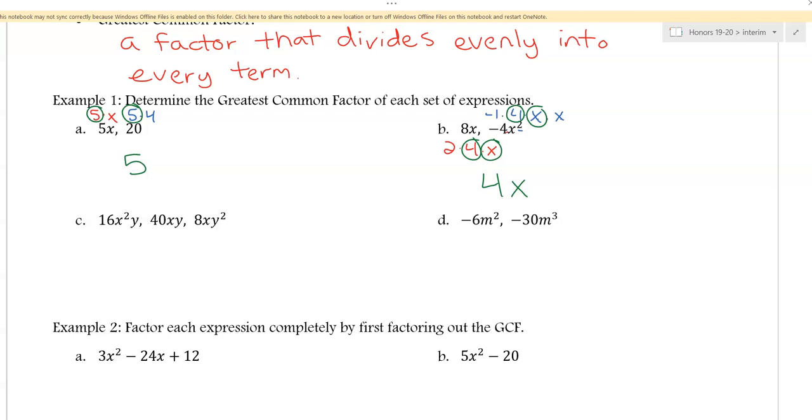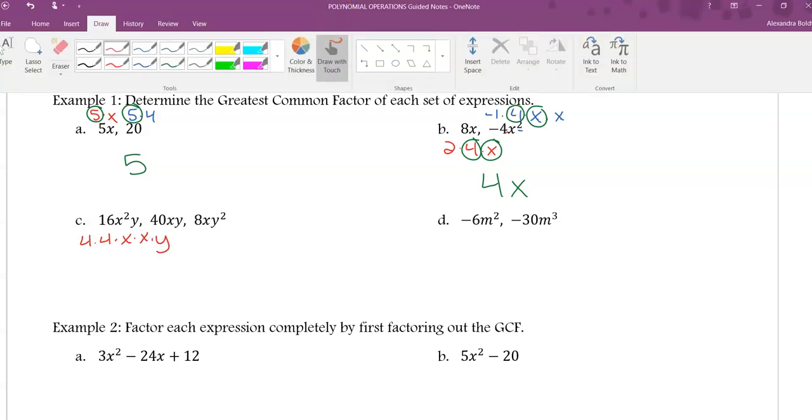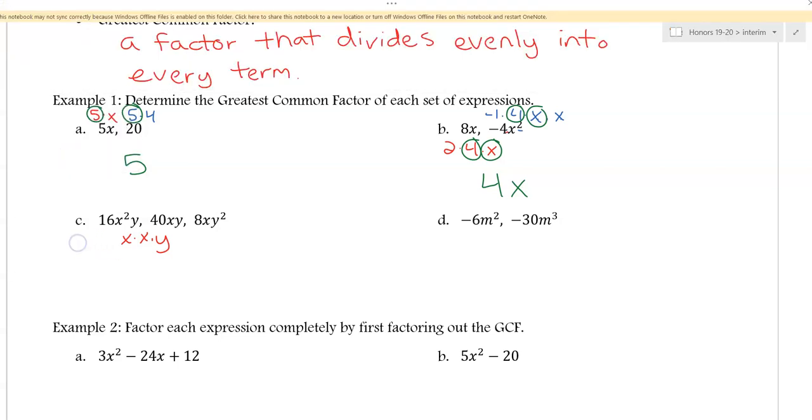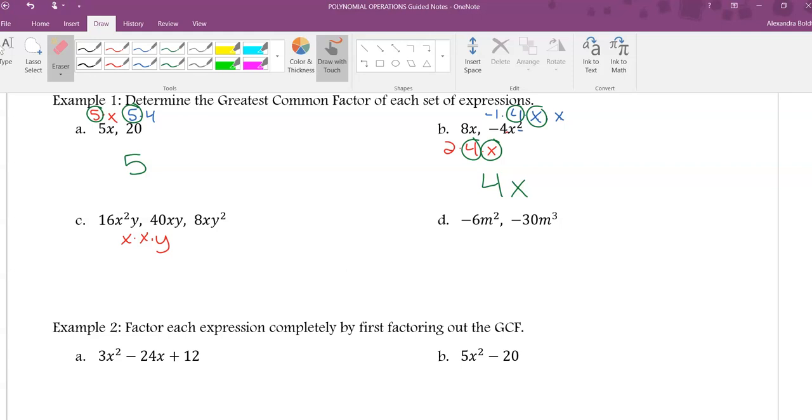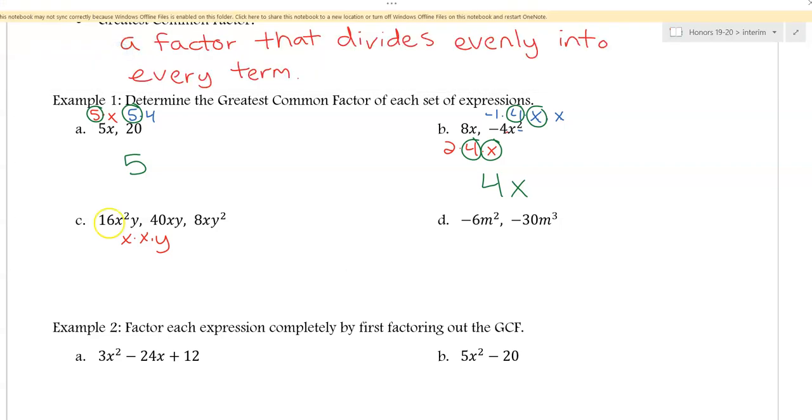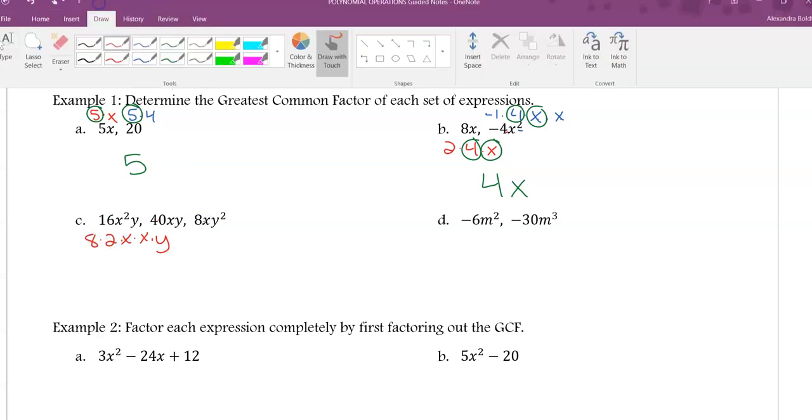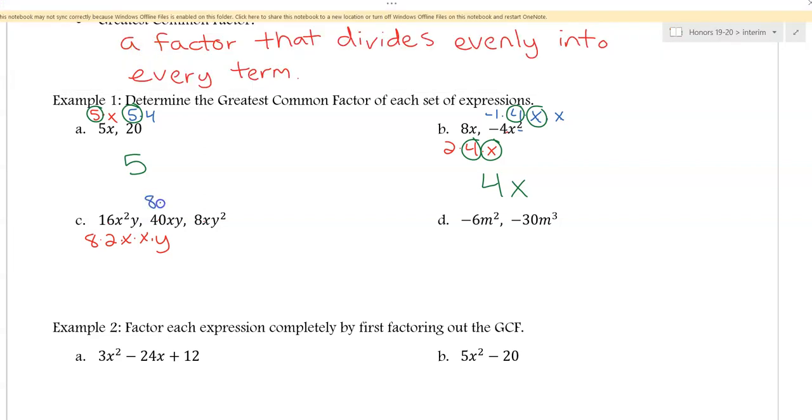All right, part C. 16x squared y is 4 times x times y. No. Again, this is me. I'm going to change this because these all have a 4 in them, but if I change this to 8 times 2, then I can change this to 8 times 5 times x times y.